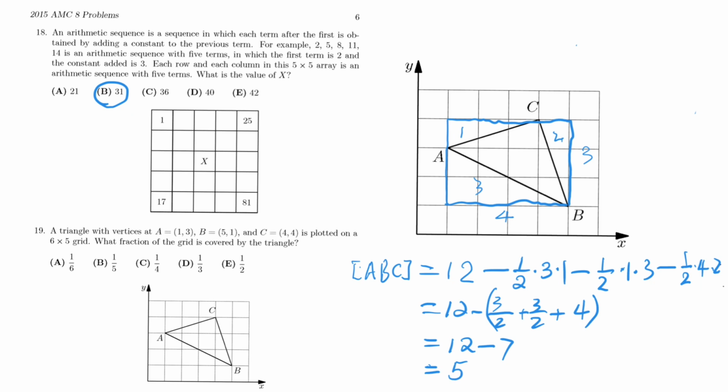And the grid total is 1, 2, 3, 4, 5, 6 by 1, 2, 3, 4, 5, so 6 by 5. Total is 30. So the fraction is the triangle over total, 5 over 30, that's 1/6. So the answer is A.